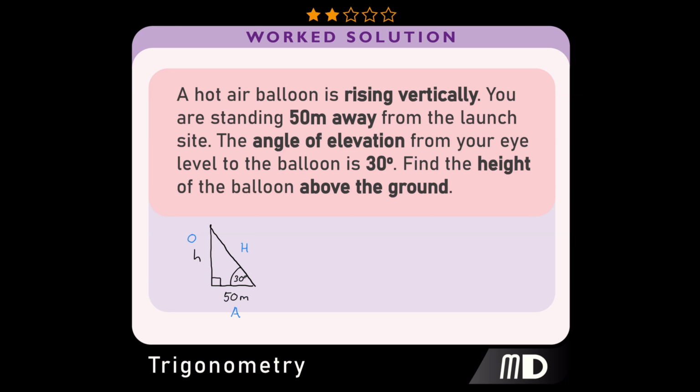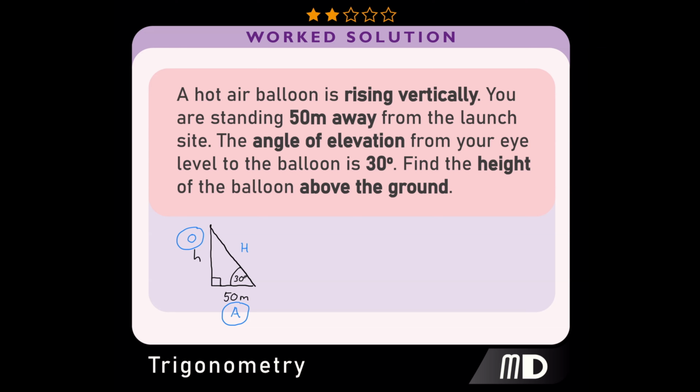Now we need to decide which trigonometric ratio we're going to use. We cover how to remember, recall, and choose the appropriate trig ratio in a separate video. Given that we know the adjacent side and we need to find the length of the opposite side, we'll use the tangent ratio.